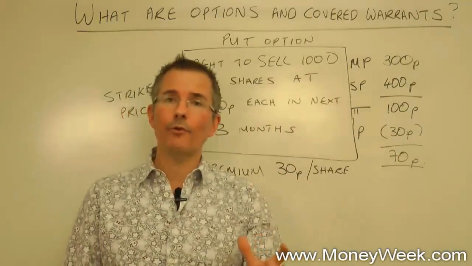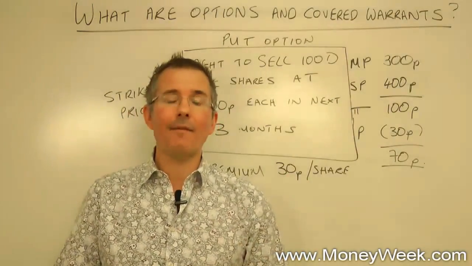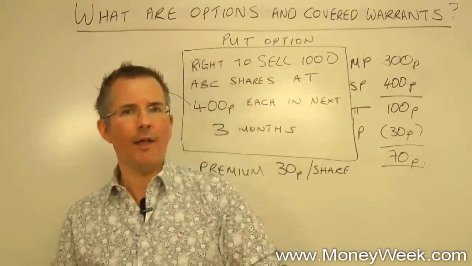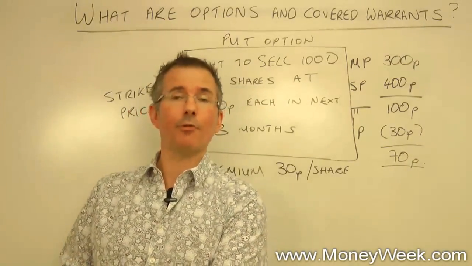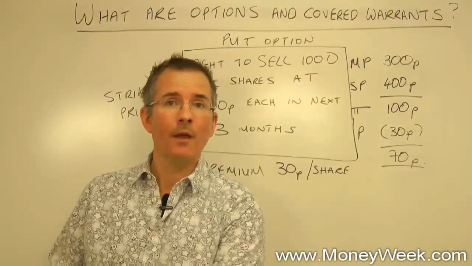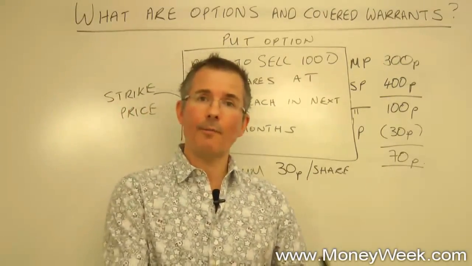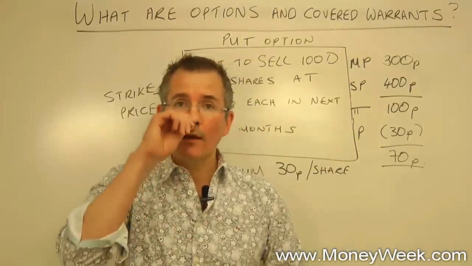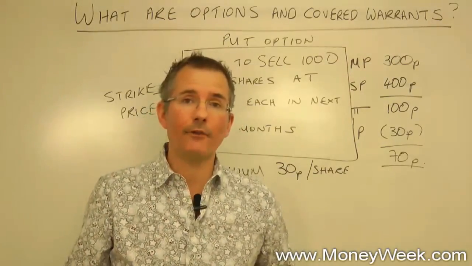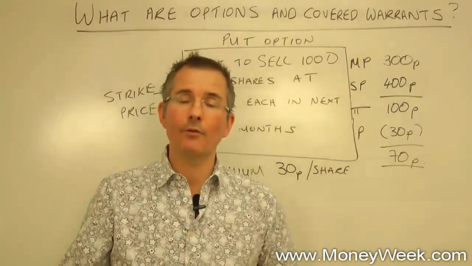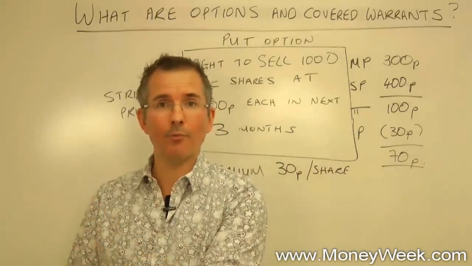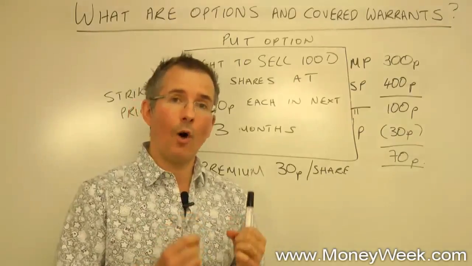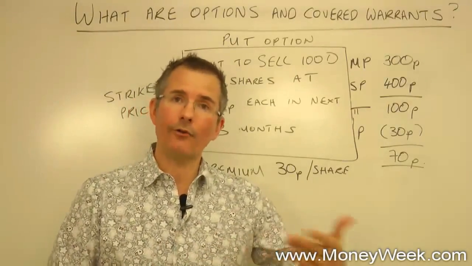So with options, quite often you don't end up having to make a phone call to buy or sell 1,000 shares at all. You simply buy the option for a premium of 30 pence per share, and then you sell it on within the 3-month period to somebody else who wants it for 50 pence per share, let's say, and make a profit that way. So in other words, you make a profit simply between the amount you paid in premium to buy the option and the amount you offload as a premium to sell it on to somebody else.